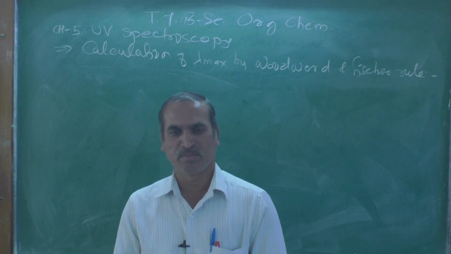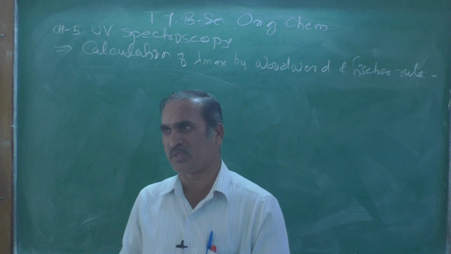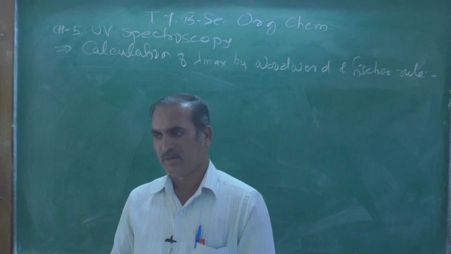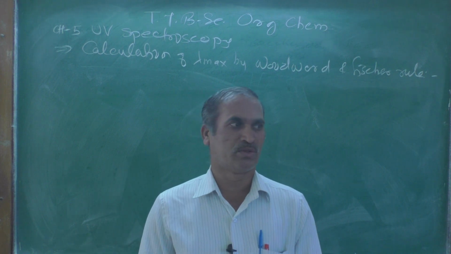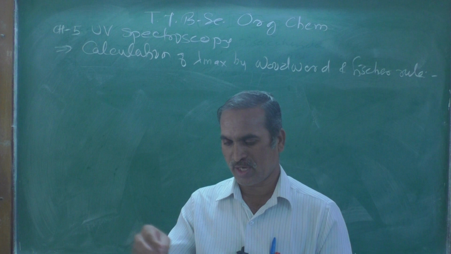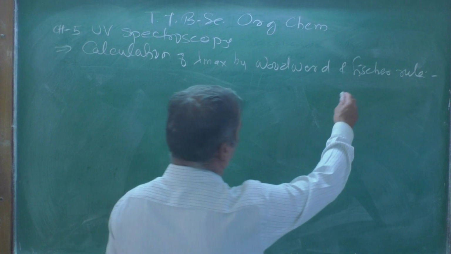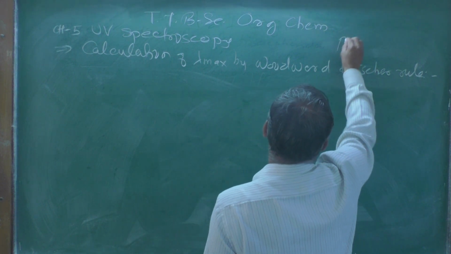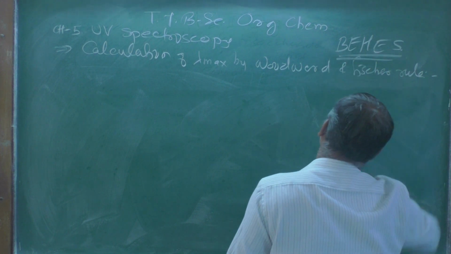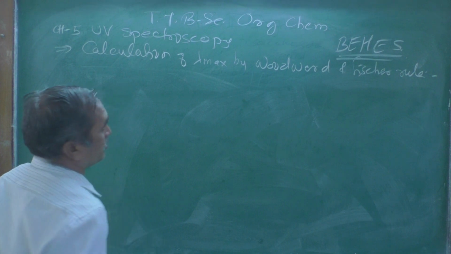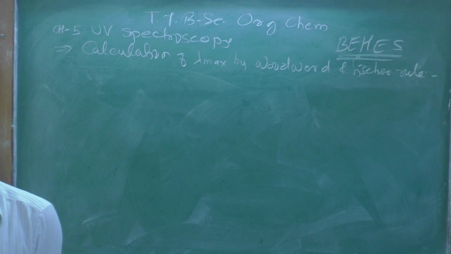As we know, the base value for a diene is only one, that is 215 nanometer. Once you know the base value, then you can calculate the rest of the things accordingly, as we know the general short form for the calculation of lambda max based on the Woodward and Fieser rule.